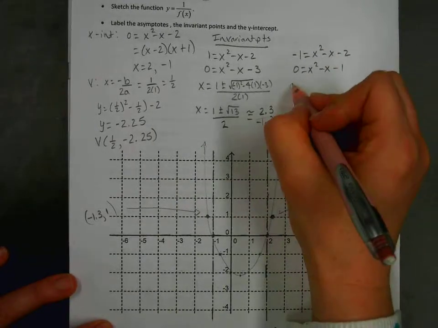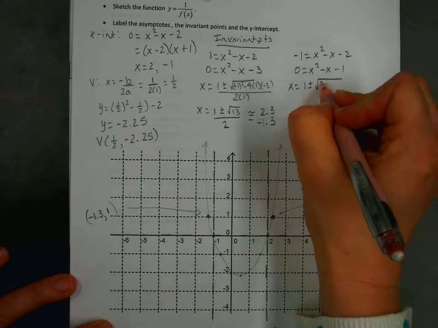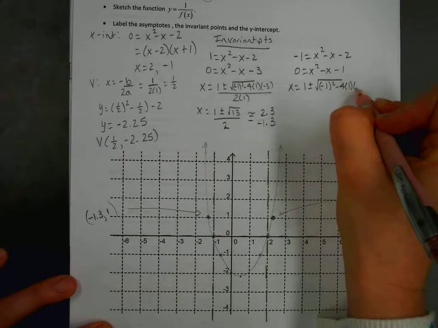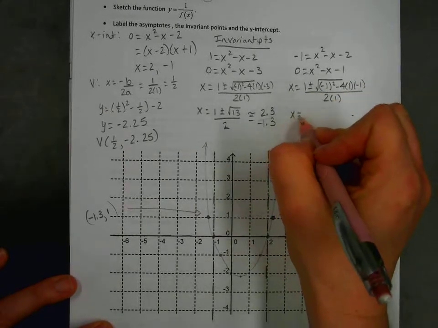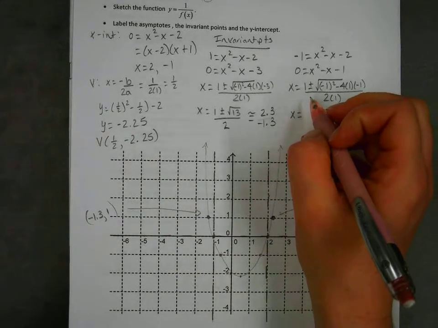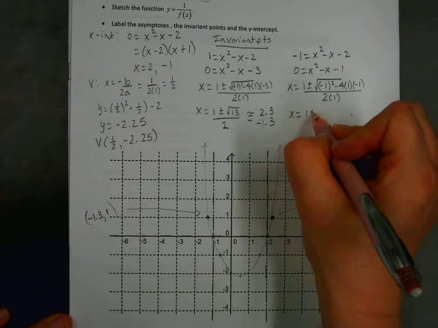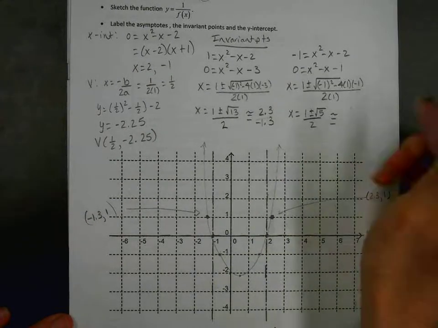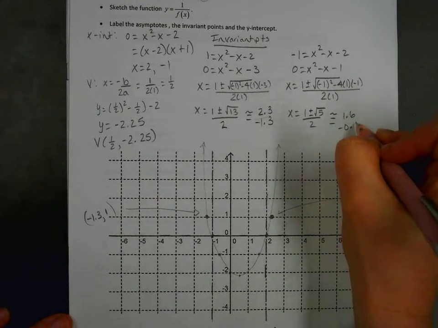Again, this cannot be factored, so I have to use the quadratic formula. And this is going to simplify to 1 plus or minus √5, all divided by 2, which again is approximately 1.6 and -0.6.